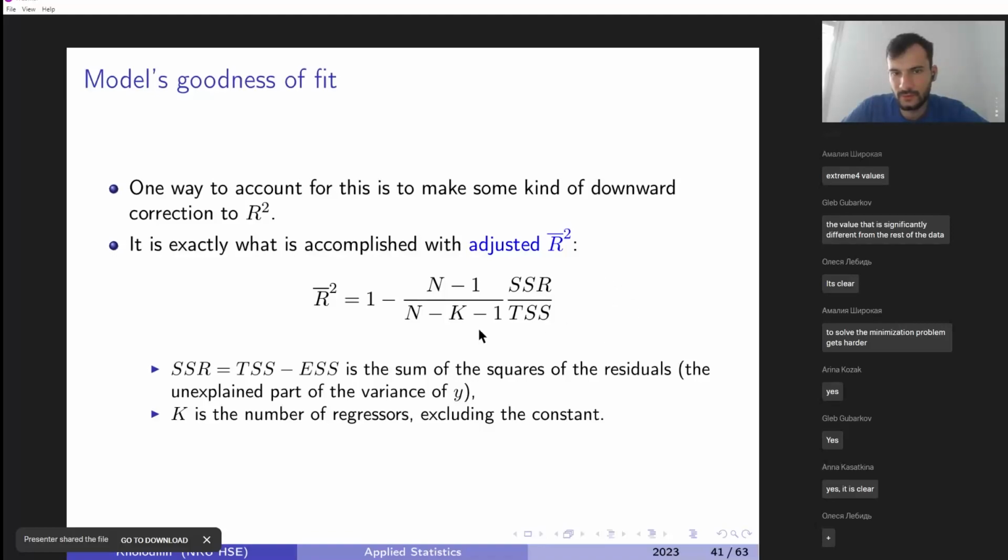So if you put this ratio equal to 1, so if k equals 0, then it's going to be the standard R squared. But now you do this simple manipulation to take into account the number of regressors, and then you somehow adjust your R squared.